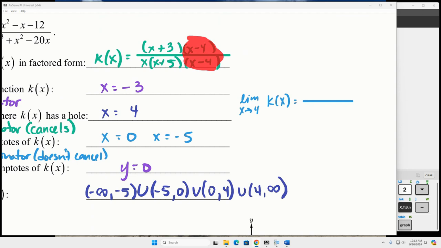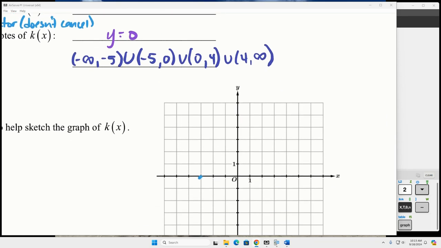So I'm going to put 4 in for all 3 of those x's. So this is going to be a super small number. 7/36 is very close to 0. So whenever I graph that, it's just going to be right above the x-axis. So just like a little hole right there, just floating.